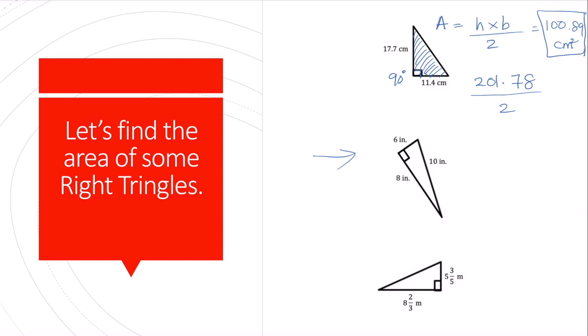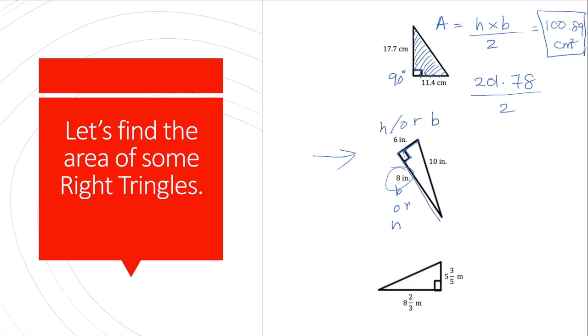So what's the height, what's the base in this triangle? The height and the base could be anything. This could be the height, this could be the base, or this could be the base, this could be the height. Why? Because they both make this 90-degree angle, and that's all we care about because this is a right triangle.